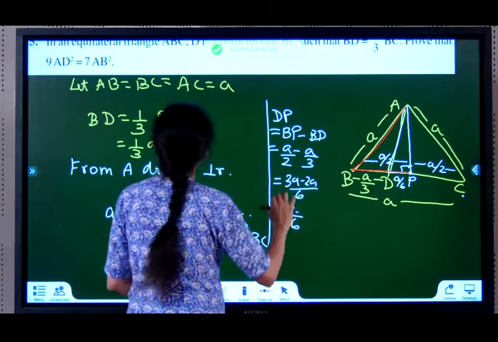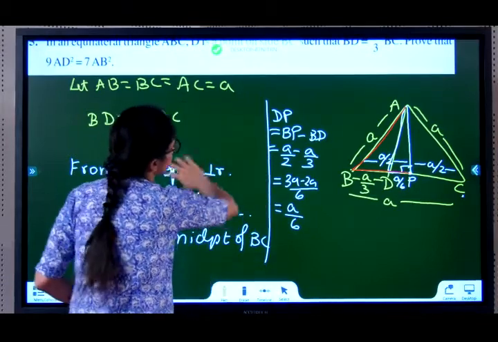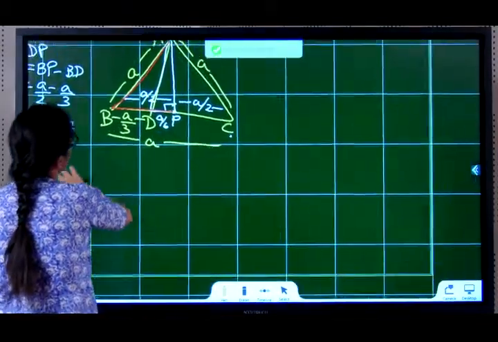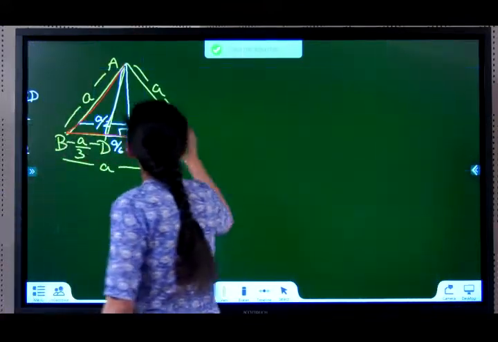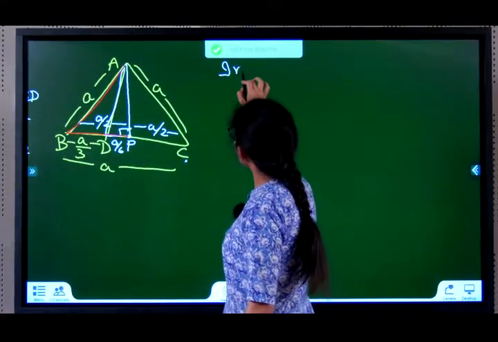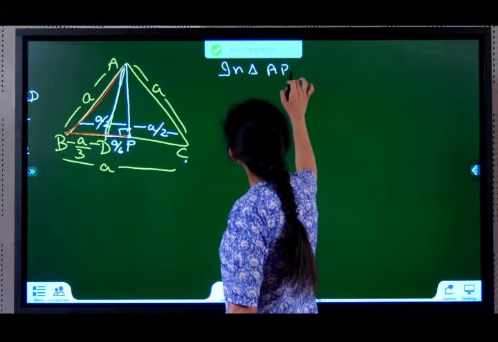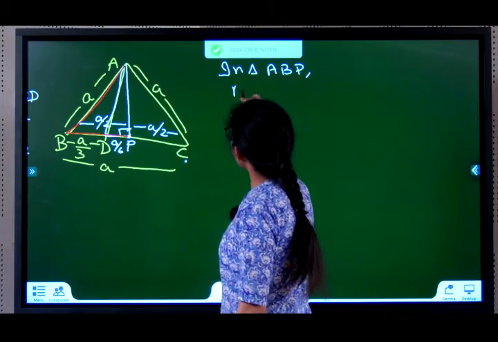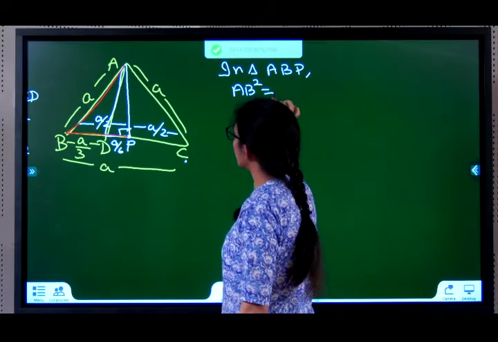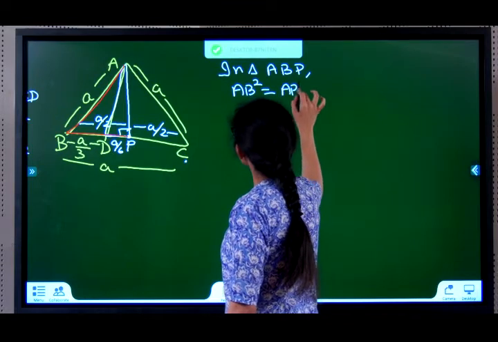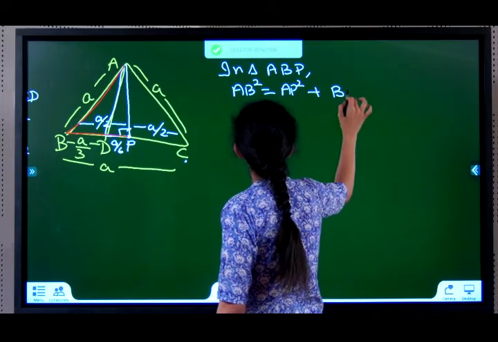Now let's begin. I want AD square and AB square. So I'll take the two right angle triangles and we'll go ahead. In triangle ABP, AB square is equal to AP square plus BP square.